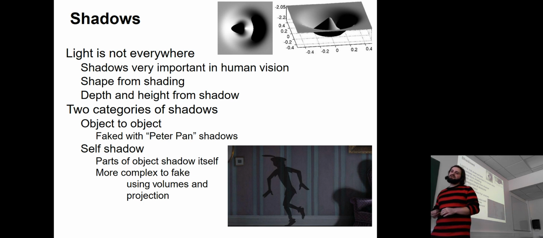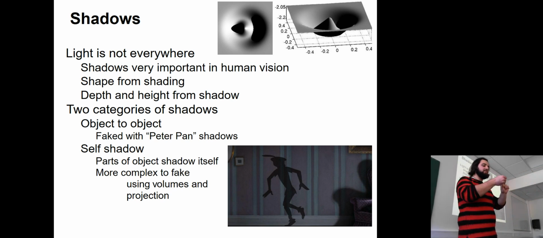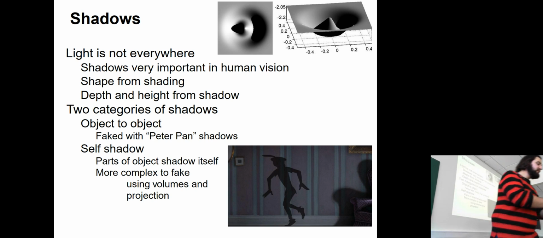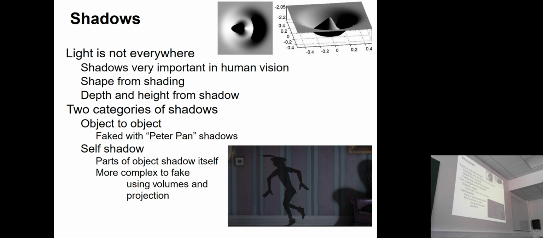Another one that is more difficult to fake is the shadows on the object itself. For example, if I take this one, it's a better example. There are lots of shadows on the very same object, due to these shapes, I have shadows in these deep areas and on this side because the light is coming from that side. So it's self-shadowing of the same object.